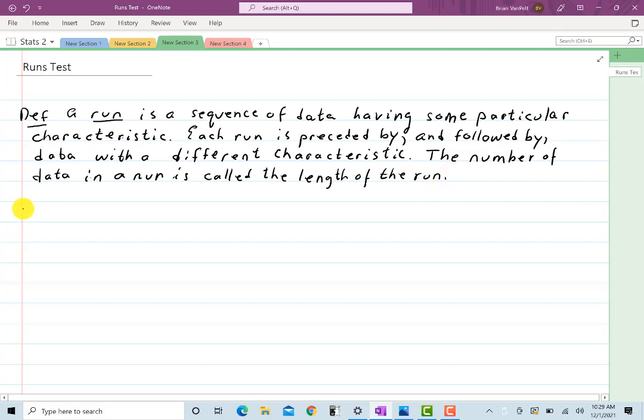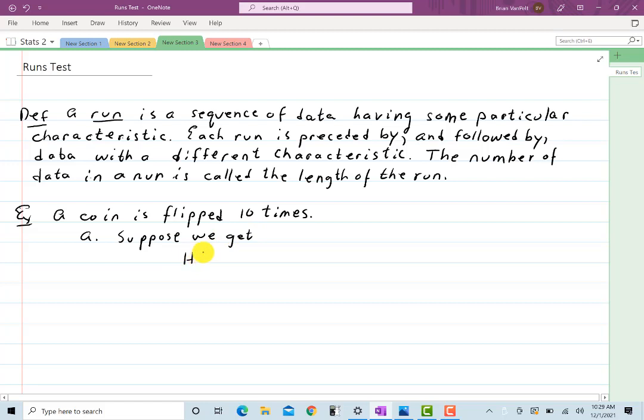As an example, a coin is flipped 10 times. Let me do a few examples here. Suppose we get H, H, H, H, followed by all T's. So there's our 10 flips. We have 2 runs.